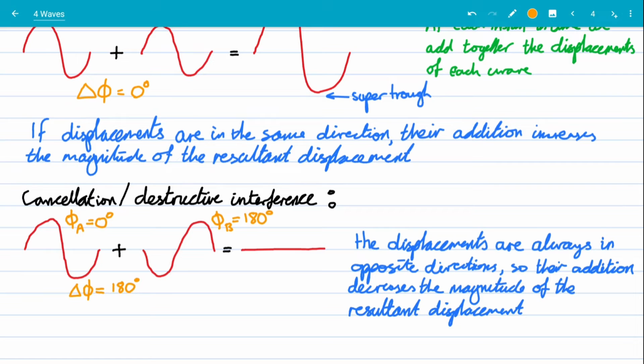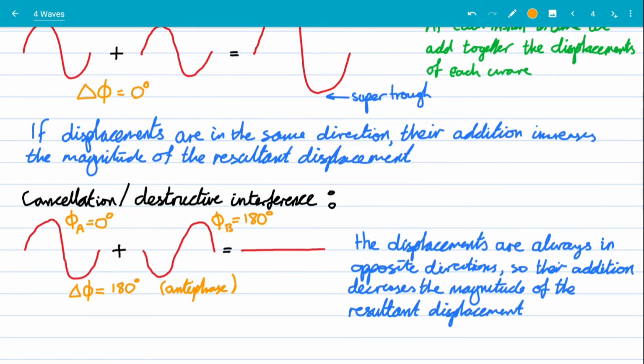So they're in antiphase. I keep saying the word, I should probably put it in my notes. Antiphase. And these are described as being in phase. Just like that.